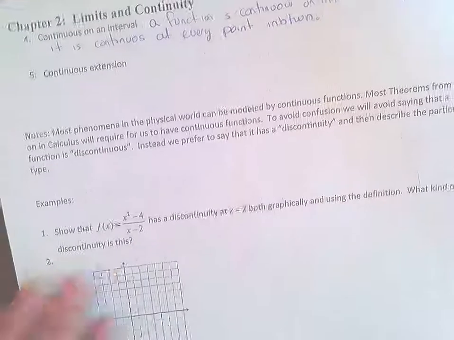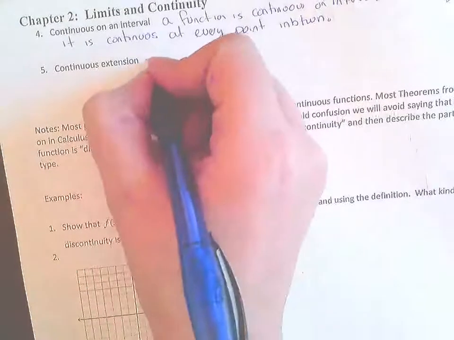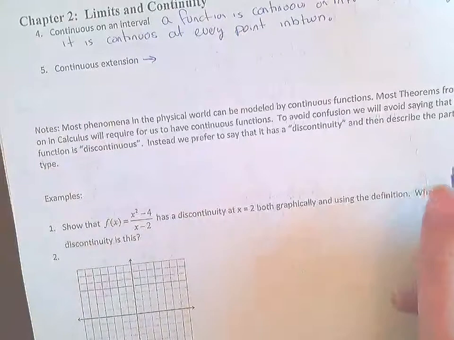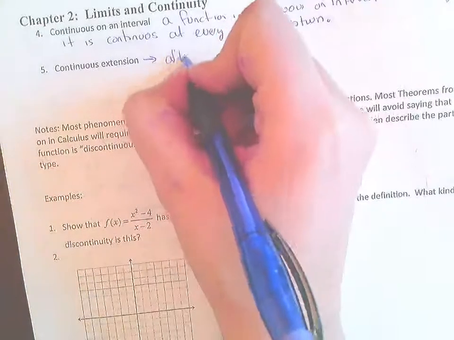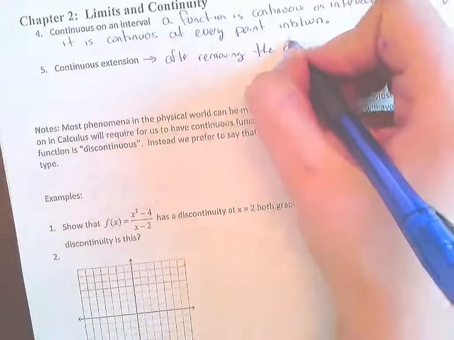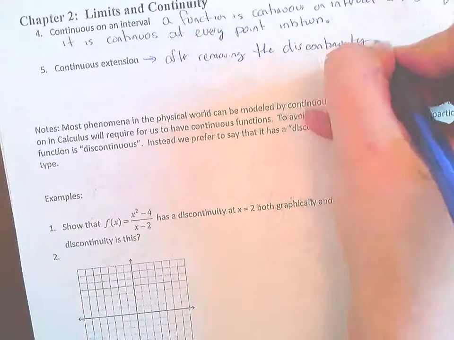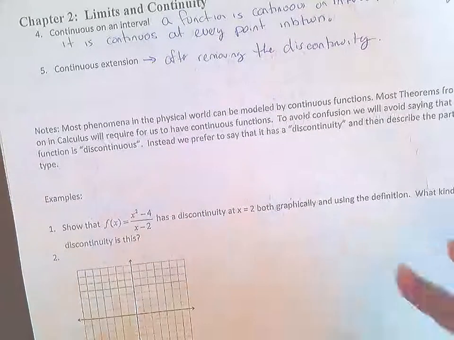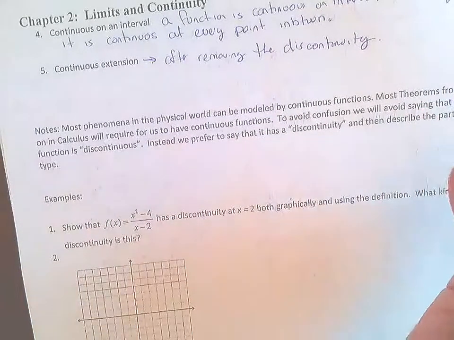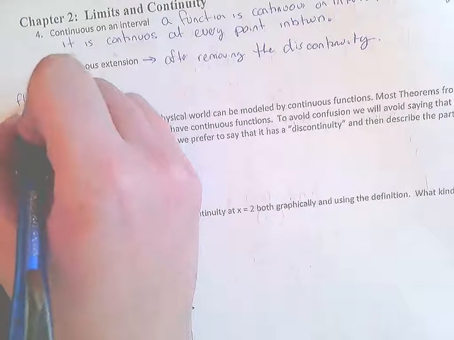Okay, and I'll show you guys an example of that in a minute. Now, a continuous extension is basically after removing the discontinuity. So remember, like here, I'll just make up an example.